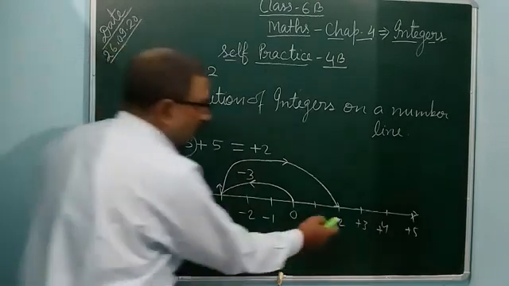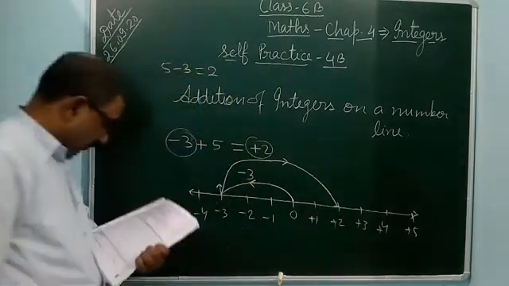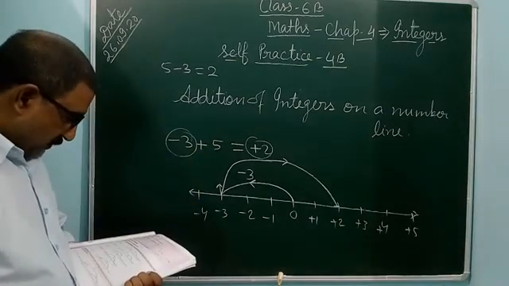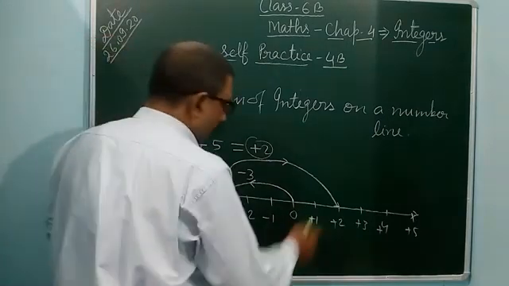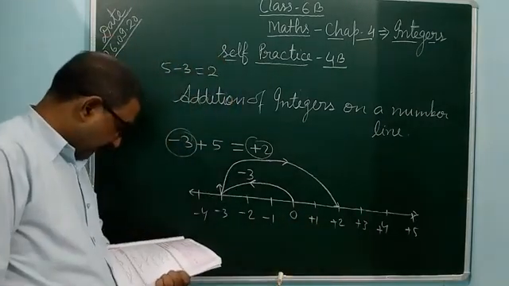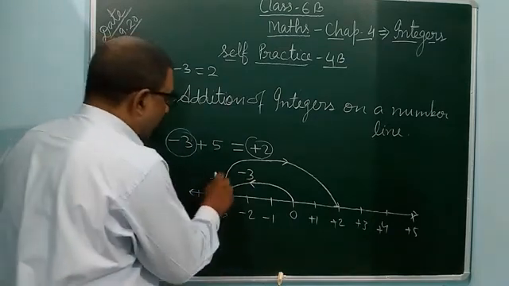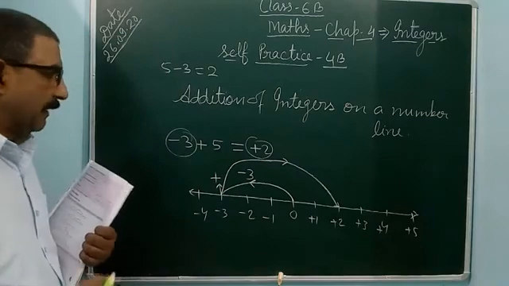It comes on 2, which means the result is also 2. So minus 3 plus 5 gives 2. In this way you can see both are added, as in addition.